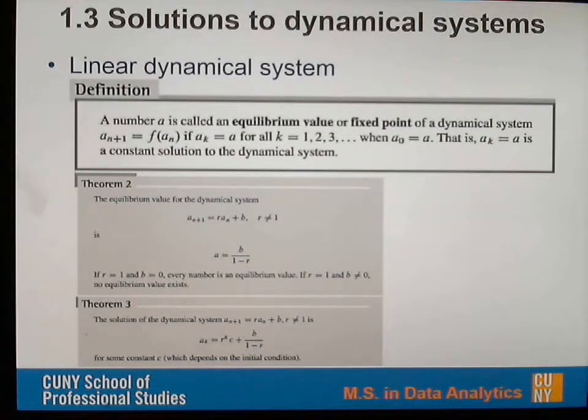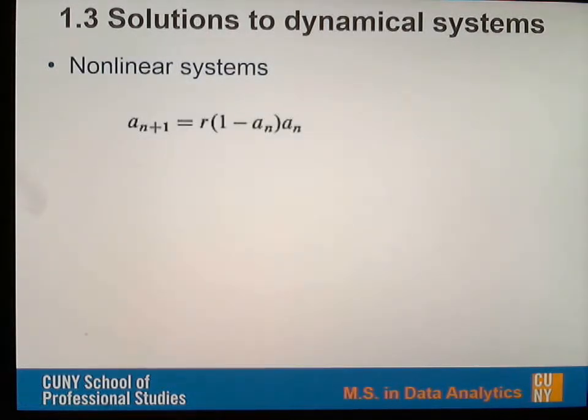In the linear dynamic system, essentially we are trying to find the number a that satisfies this dynamical system, so that you can find a solution. The solution ak is in this form. For a nonlinear system, an plus 1 is nonlinear in terms of an.